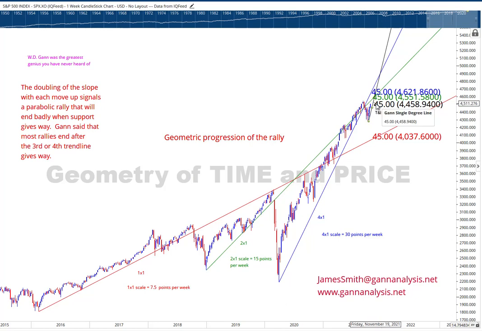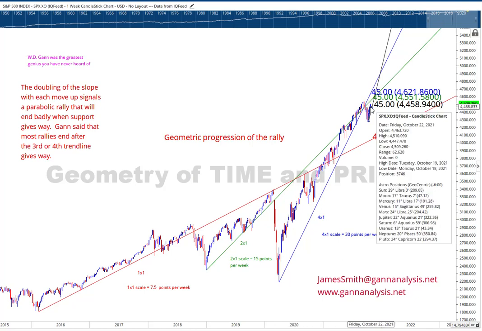So you'll know when the stock market is going to correct. But there's always risk no matter what you do. Don't kid yourself. But this is going to be a very interesting correction when it finally comes, because we are getting very parabolic here.